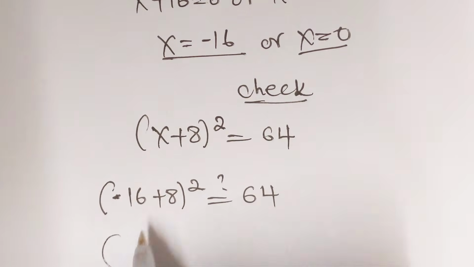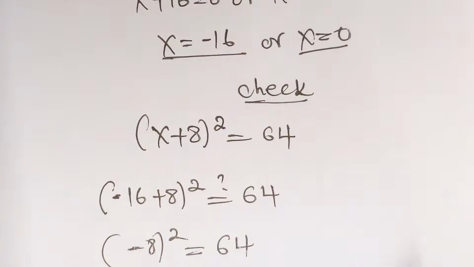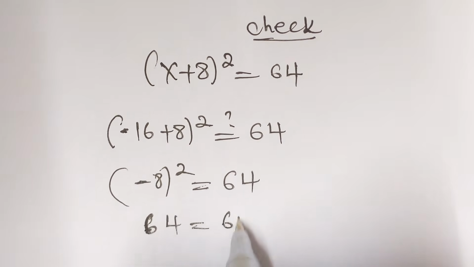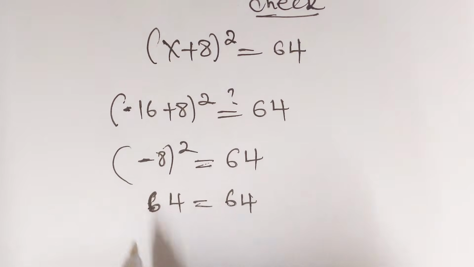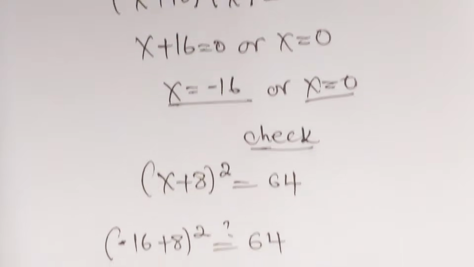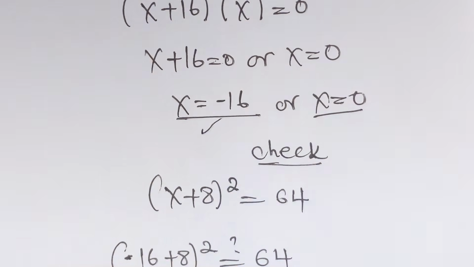And we shall say (−8)² = 64, and 64 is equal to 64, to mean left hand side is equal to right hand side, to mean this is correct.